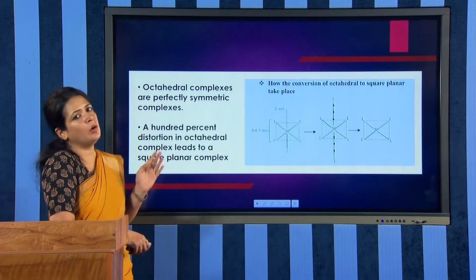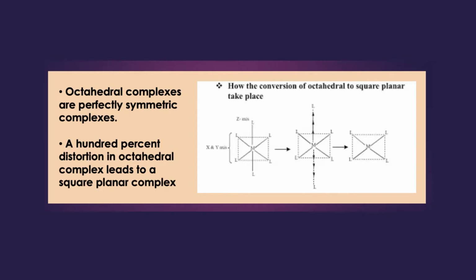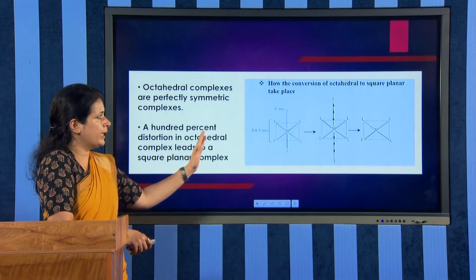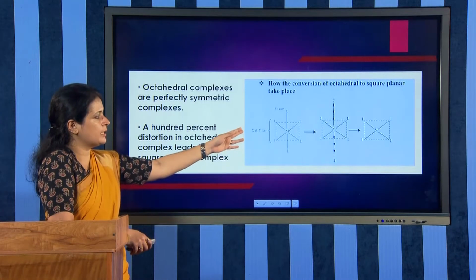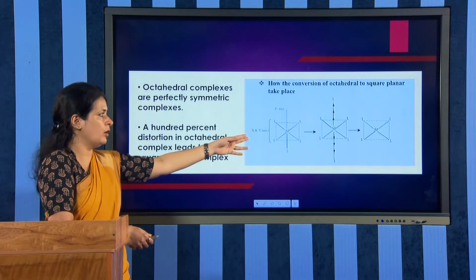See, the octahedral complexes are perfectly symmetric complexes. Here you can see the perfect symmetry in the octahedral complexes. And from the octahedral complexes, when we are moving to the square planar complex, you will get the intermediate shown in the middle of the picture.